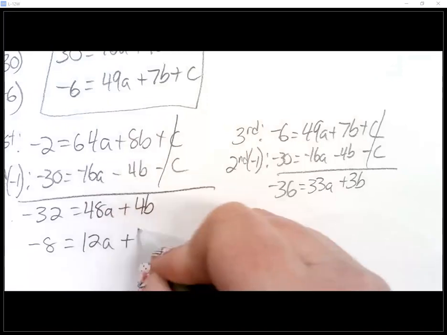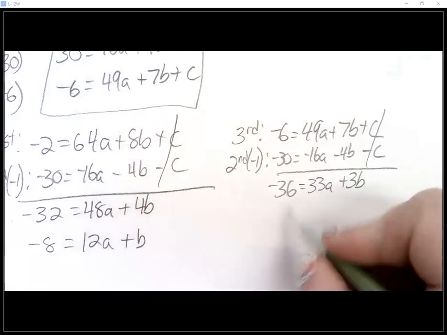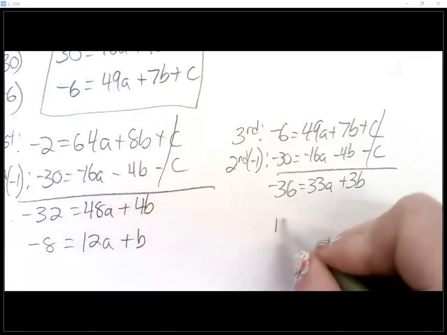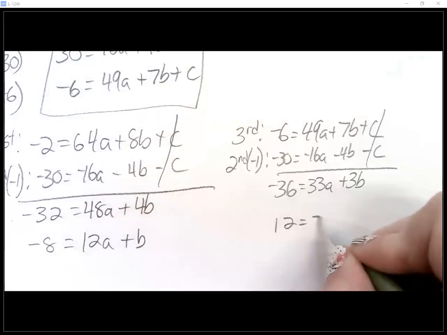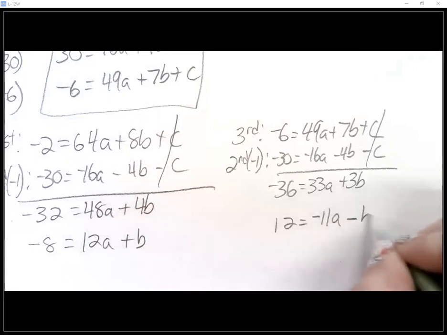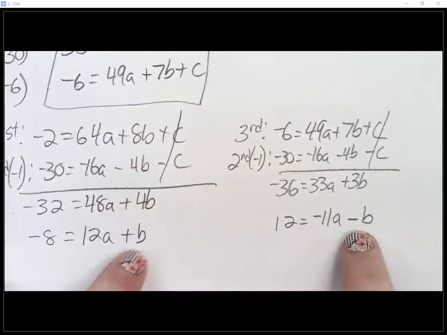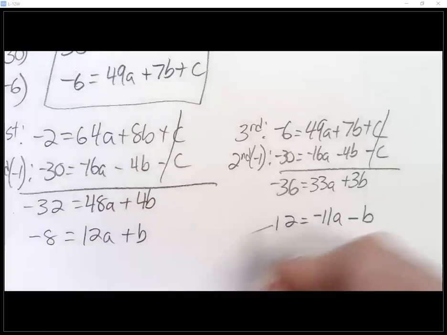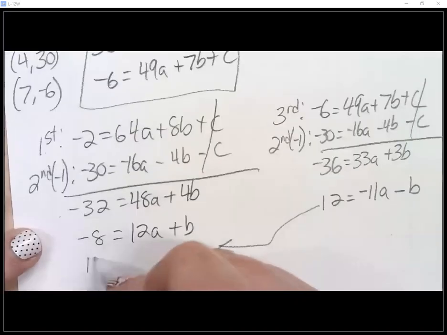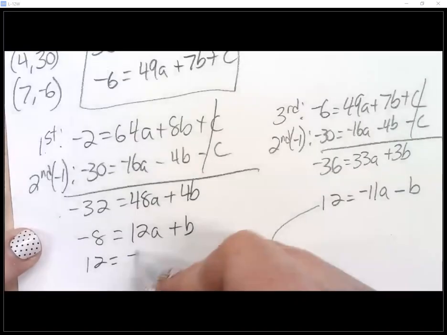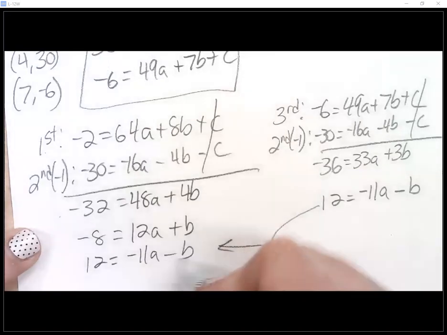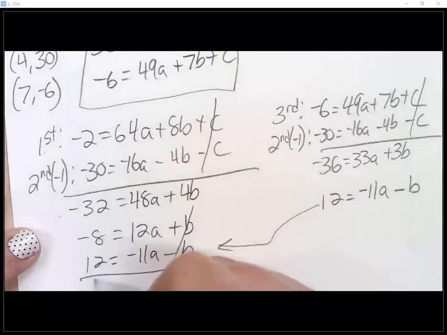I'm going to divide this one by negative 3. So that's now a positive 12, negative 11a minus b. And see how my b's are going to cancel? So let me just rewrite this one underneath. 12, negative 11a minus b. B's are gone. I get 4 equals a.